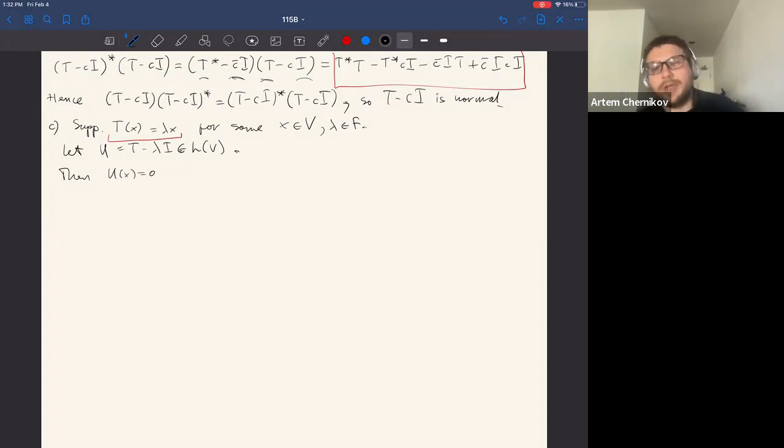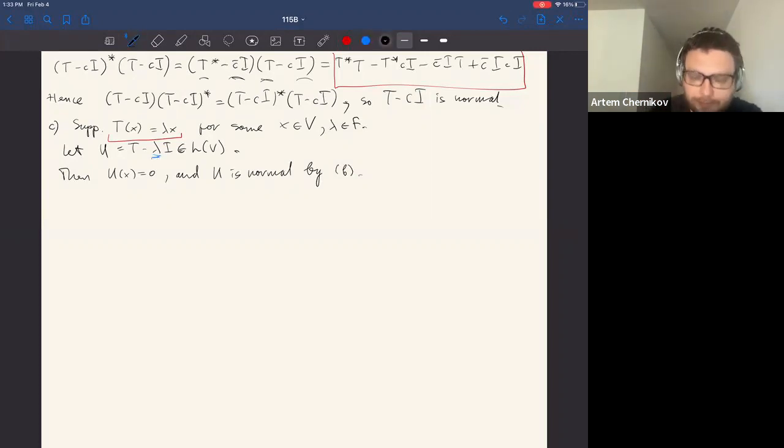So we have U of x is equal to 0. And we also know that U is normal by B, because we just proved that if T is normal, then the operator defined like U, where in this case the scalar c corresponds to the scalar lambda here, is normal.